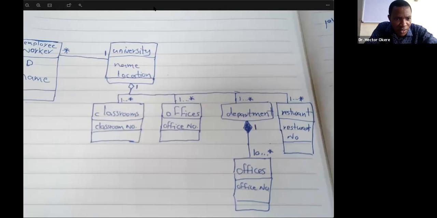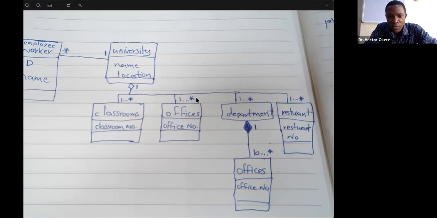Okay, one university contains classroom, offices, department, restaurant. Okay, the restaurant is not part of the scenario, but it's welcome. One classroom, one or many offices, one or many departments.